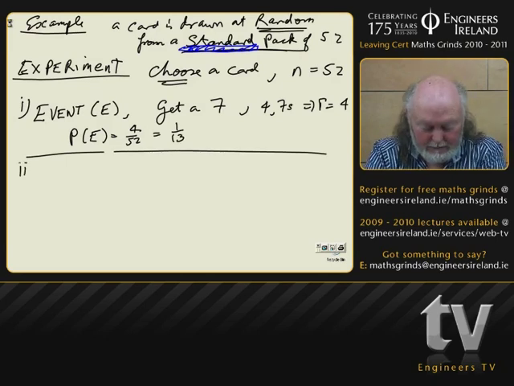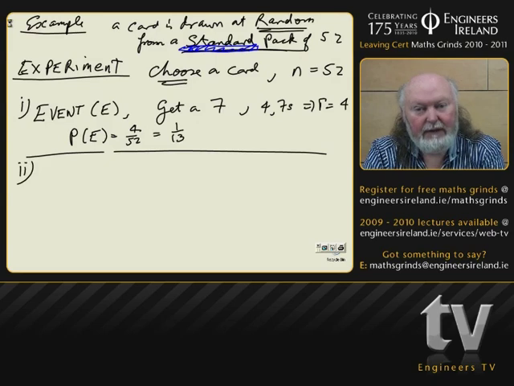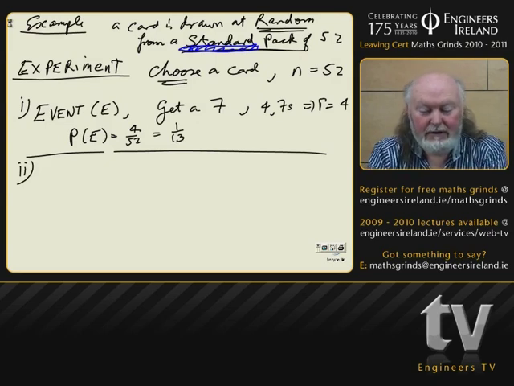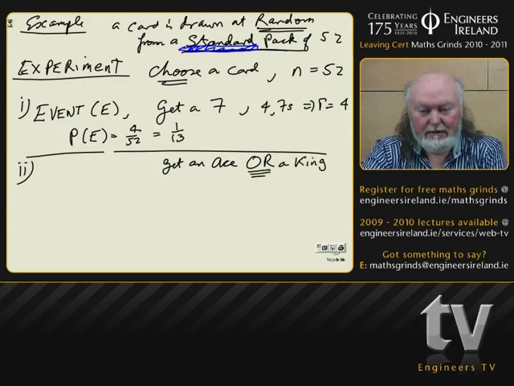So what are we going to do now? The second question is we want to see what's the probability of an ace or a king. Now let's look at our words again. An ace or a king.